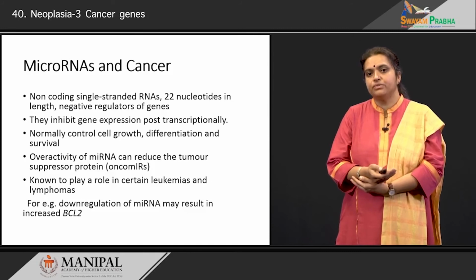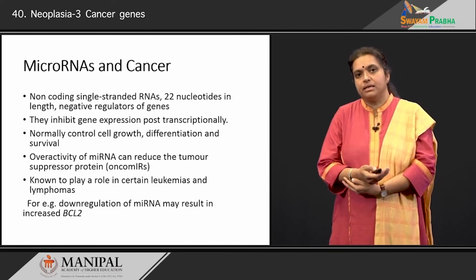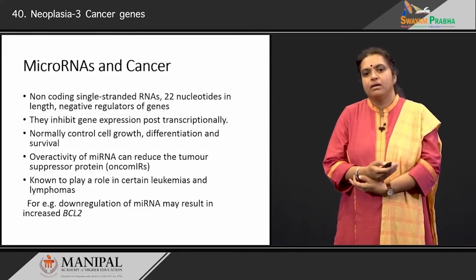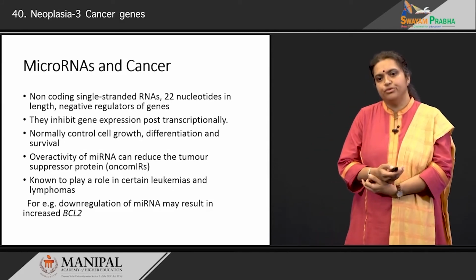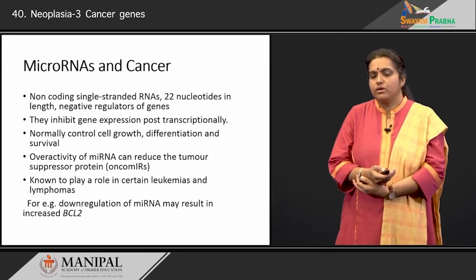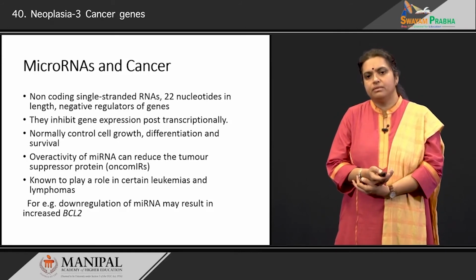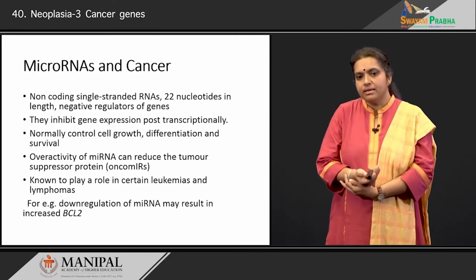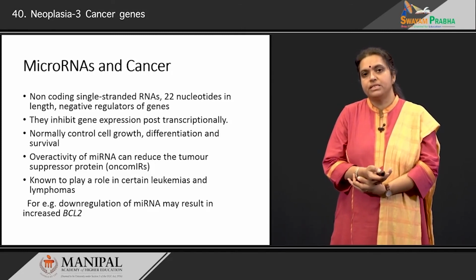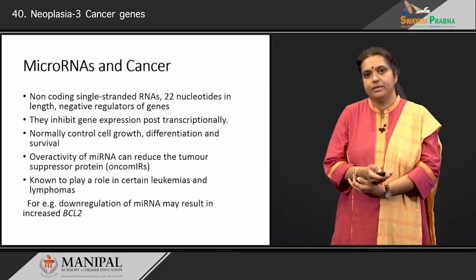These kinds of microRNAs are called oncomiRs. They are known to play a role in certain leukemias and lymphomas. Another example would be the down regulation of a microRNA, which results in increased BCL2, which is an anti-apoptotic protein.